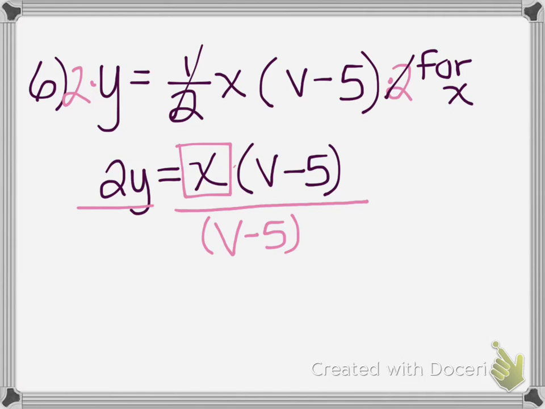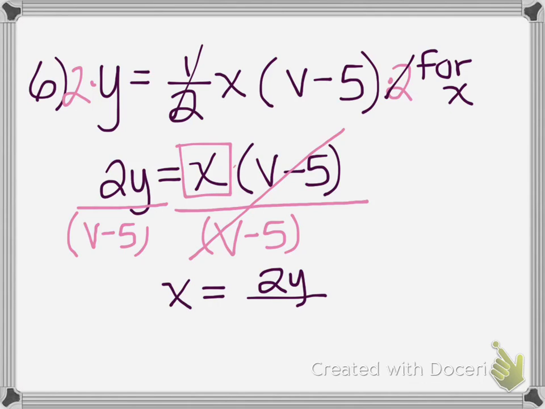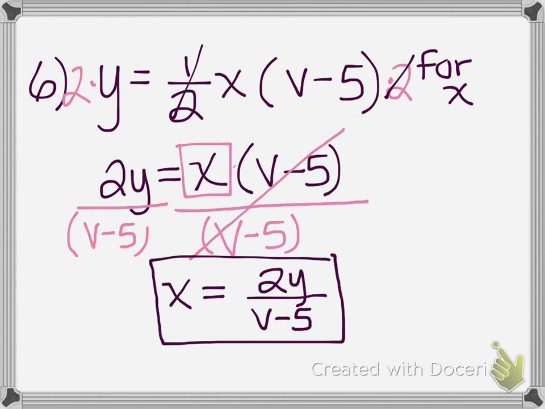And I'm going to do the same thing, because I have to, on the left. So that means the v minus 5 cancels out, and we have our final answer. x is equal to 2y divided by v minus 5. You don't need the parentheses, but if you like them, you can leave them in there.